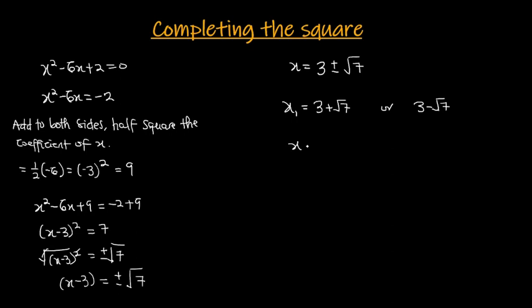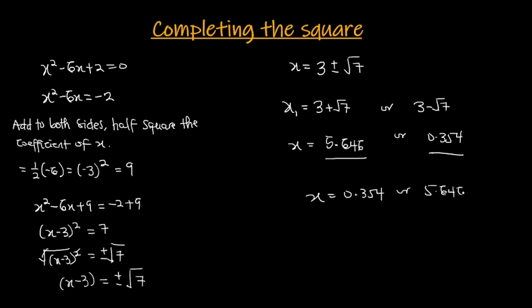So x will be equal to positive 3 plus root 7, which gives 5.646, or positive 3 minus root 7, which gives 0.354. So these two values, 0.354 or 5.646, are the roots of this equation, or the answers that will make this equation equal to 0.